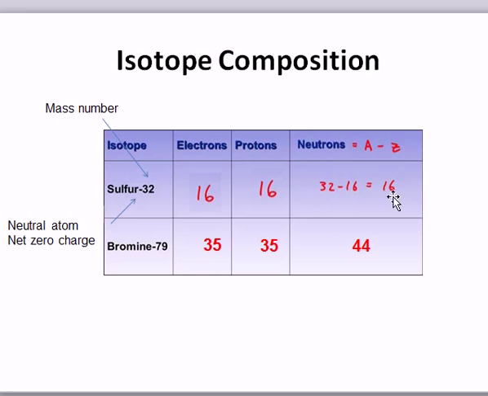So 32 minus 16, so 16 is the number of neutrons. Now in this case, bromine 79, you do the same thing. Again, it's a neutral species, no charge, so it has the same number of protons as electrons, so you can write that in, but then to know how many neutrons, you take 79 minus the number of protons, and that finds that you have 44 neutrons. So that's an isotope of bromine.